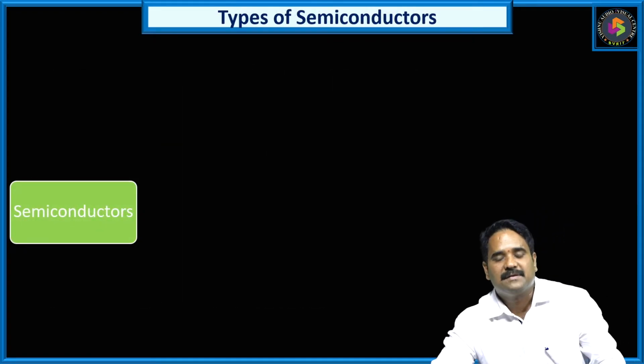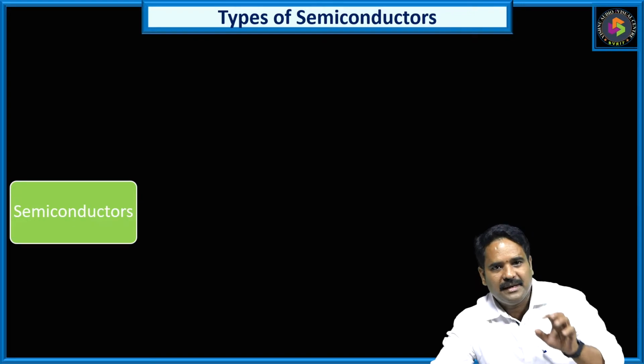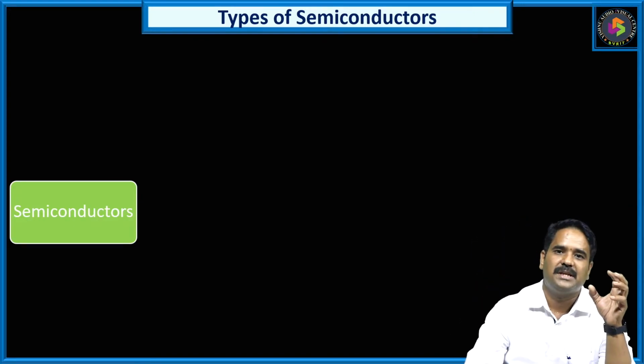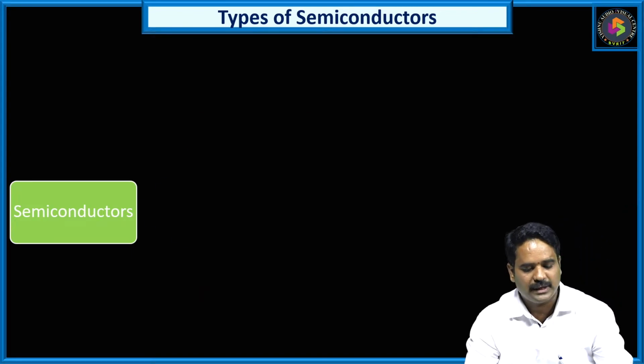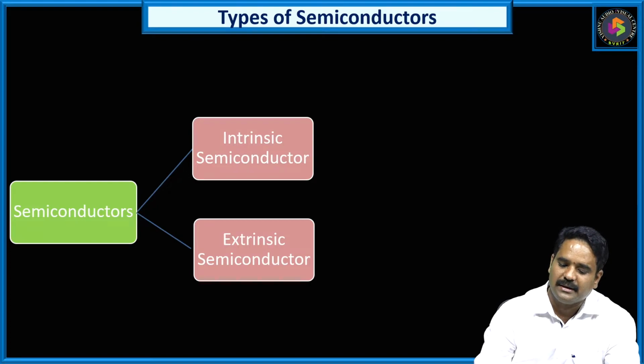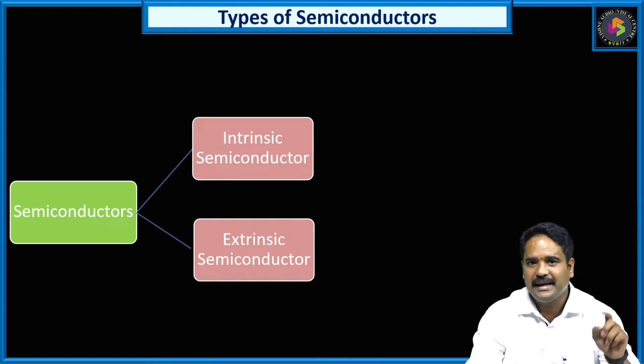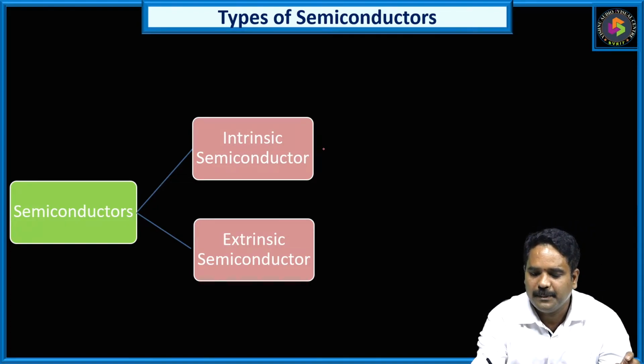Then we'll discuss the types of semiconductors. So what is a semiconductor? A semiconductor is a material whose electrical properties lie between conductors and insulators. Semiconductors can be classified into two types: intrinsic semiconductors and extrinsic semiconductors.